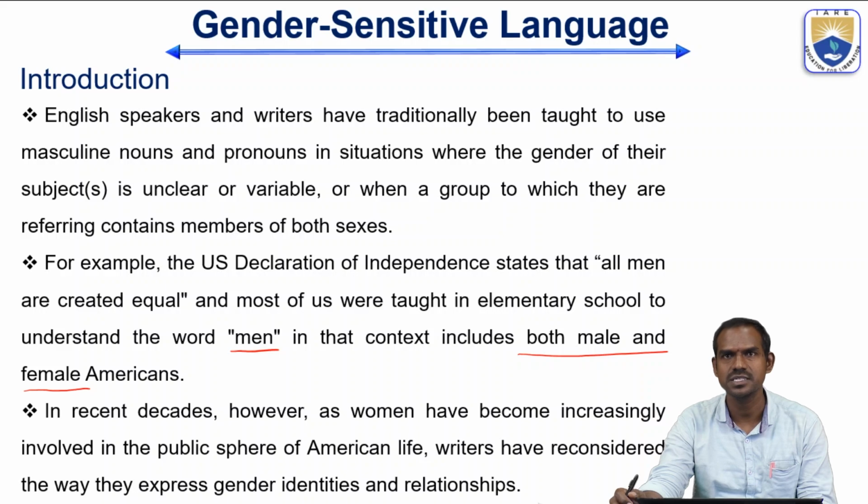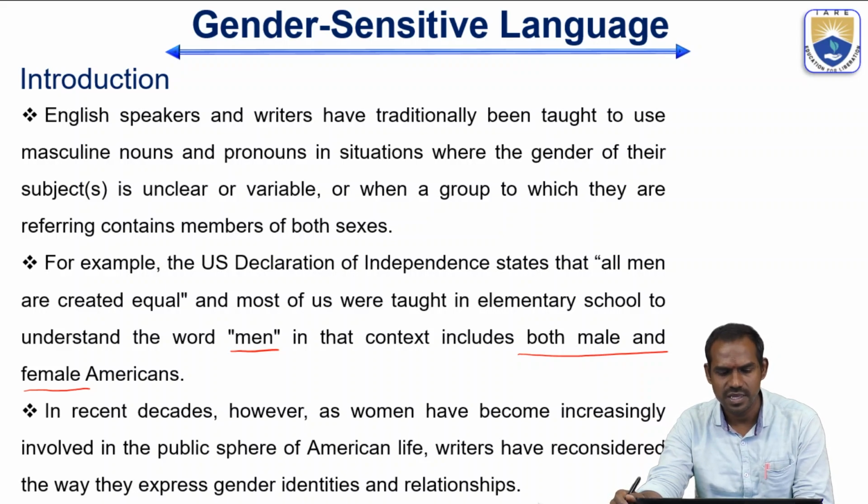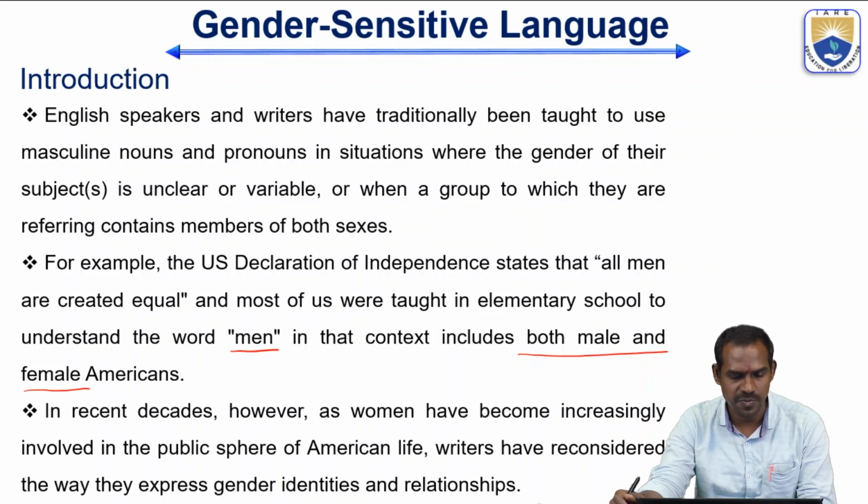In recent decades, however, as women have become increasingly involved in the public sphere of American life, or any country's life, writers have reconsidered the way they express gender identities and relationships.